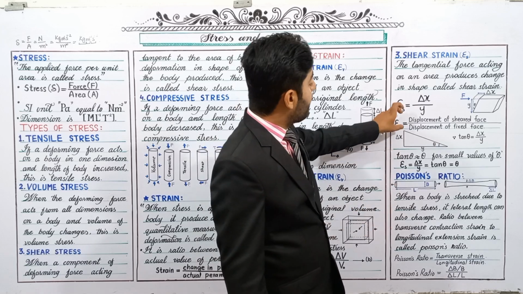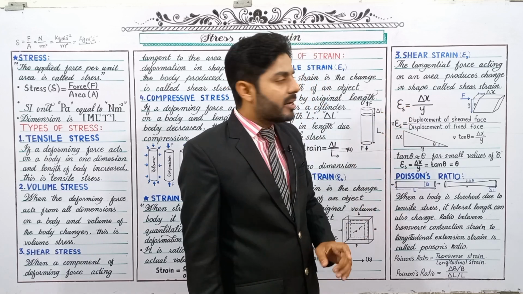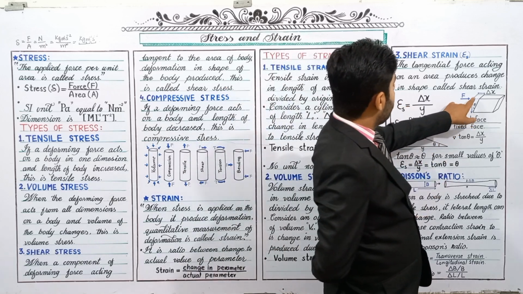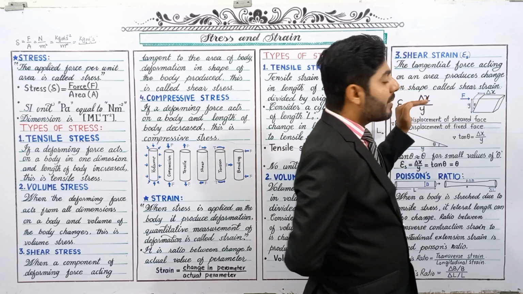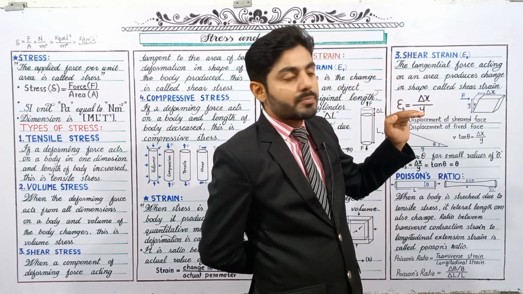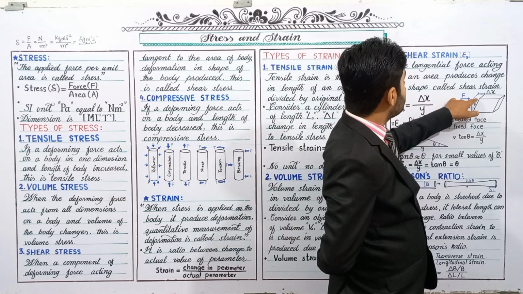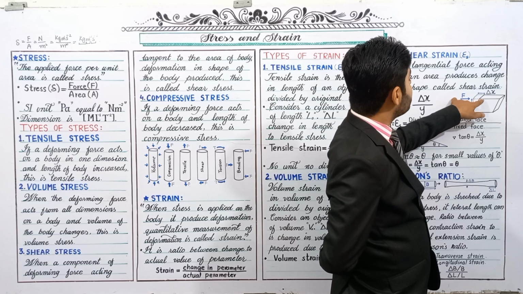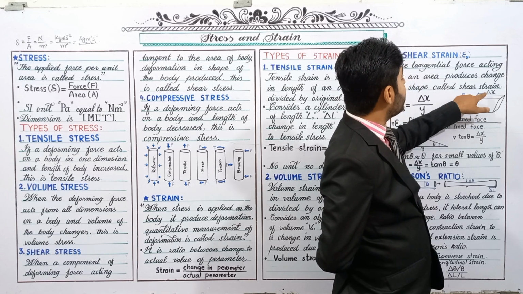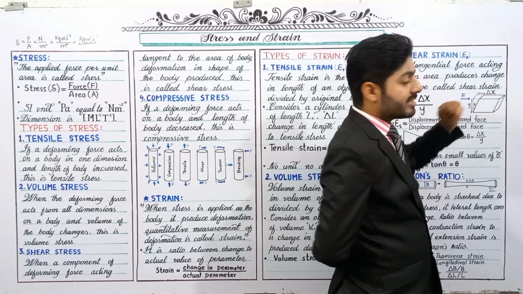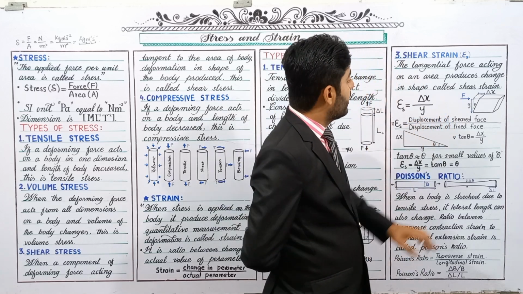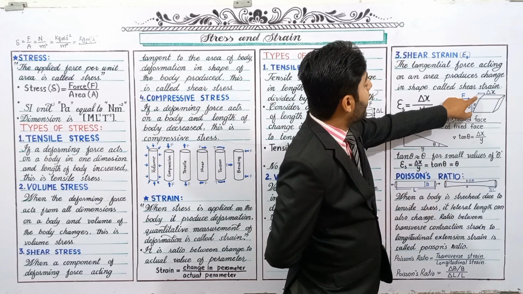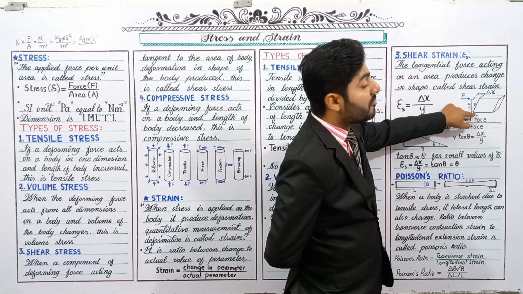Now how to remember this one? My dear students, have a look. Basically when you apply a shear stress on this body, there is some displacement covered by this sheared face. That displacement is represented by delta x. And the second one, this sheared face has some displacement from the fixed face.